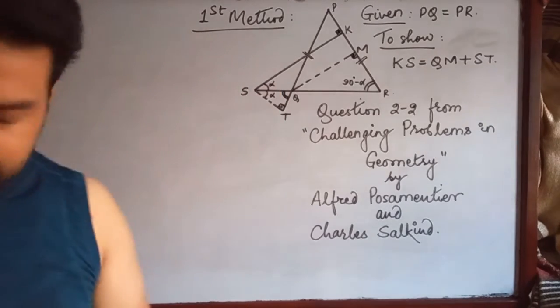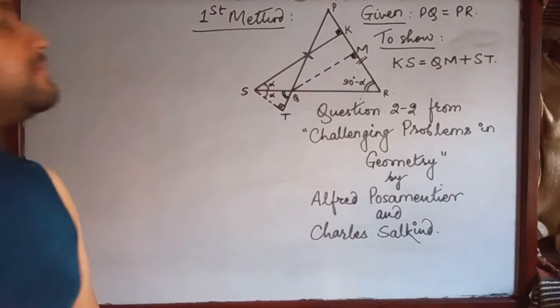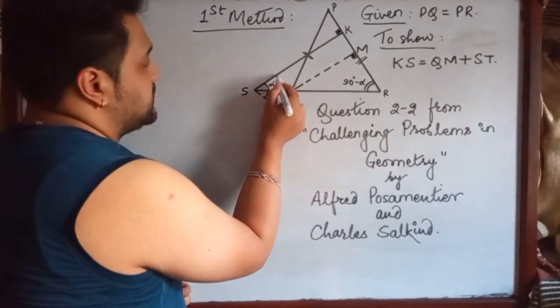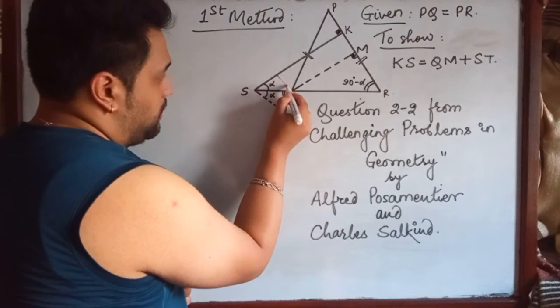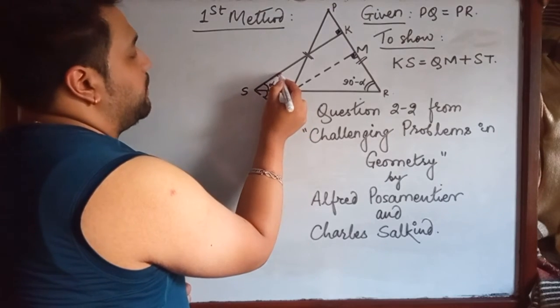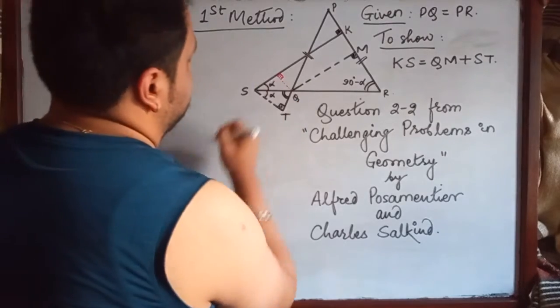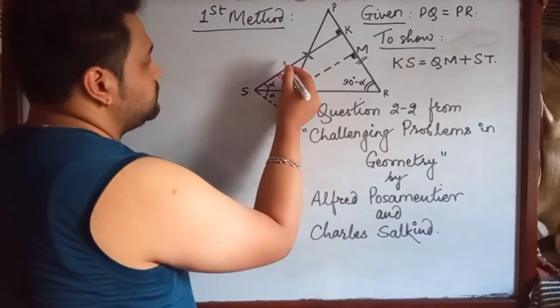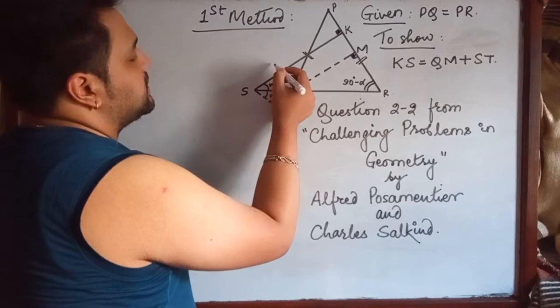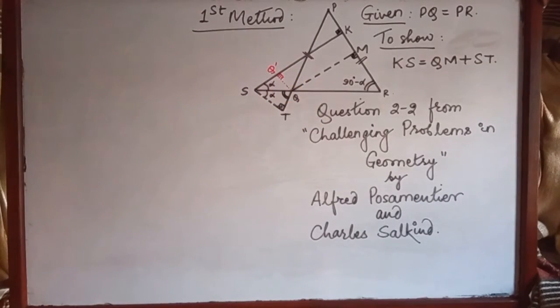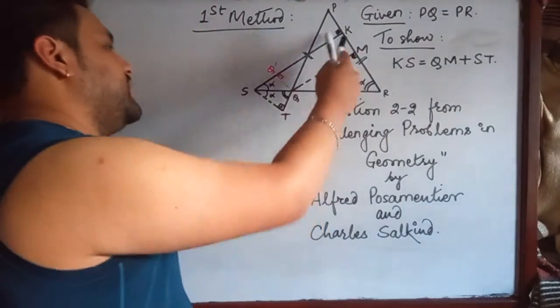Now let's make a construction. Let's drop a perpendicular from Q on KS as shown, and let's call this point Q dash. So we've basically drawn QQ dash perpendicular to KS.